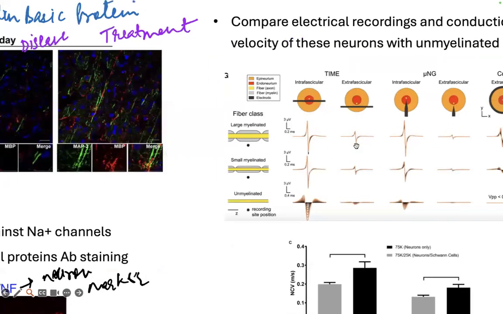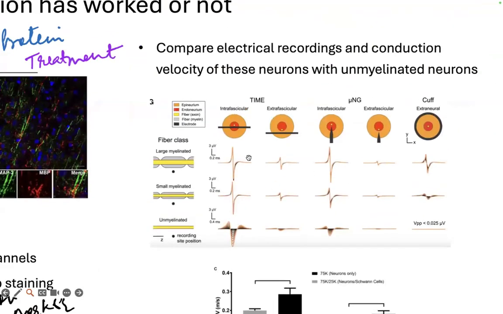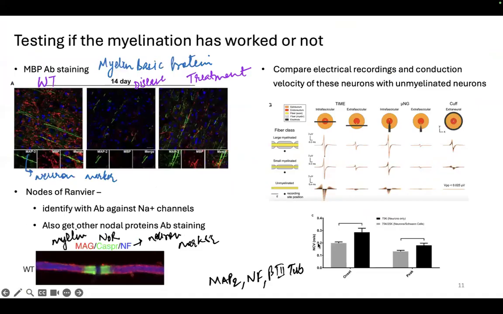But what you can see from the first plot is that both the height, the intensity or amplitude, and the speed are better when you have myelination. I don't know what this other one is. It has to be some sort of velocity, but I'm not sure why the velocity is lower when you have Schwann cells. Okay, anyway, so that's that.